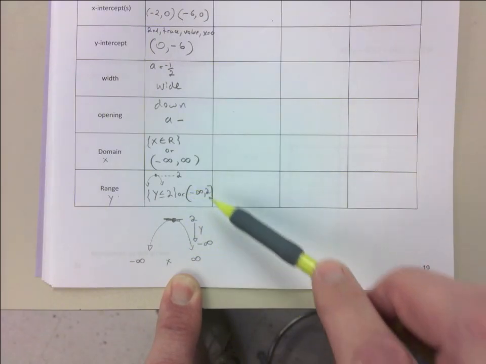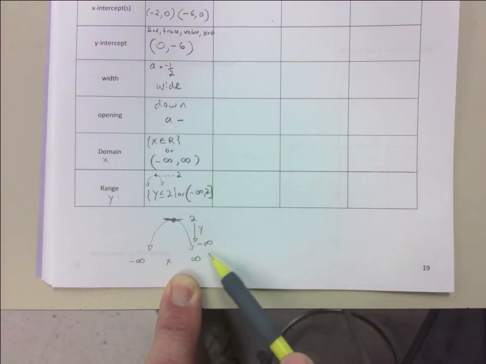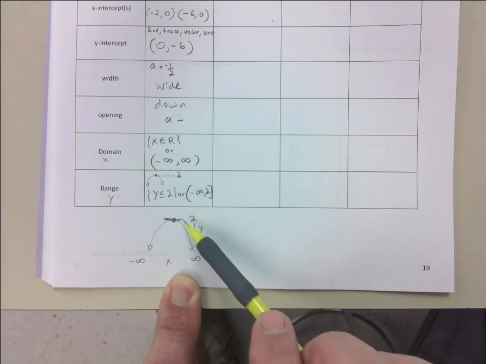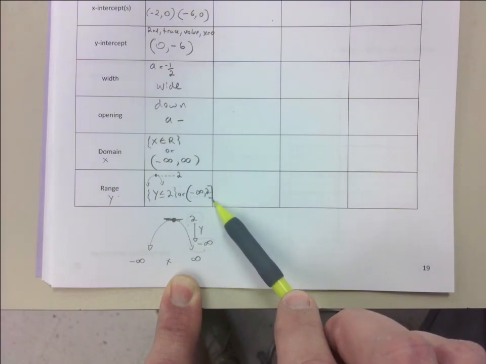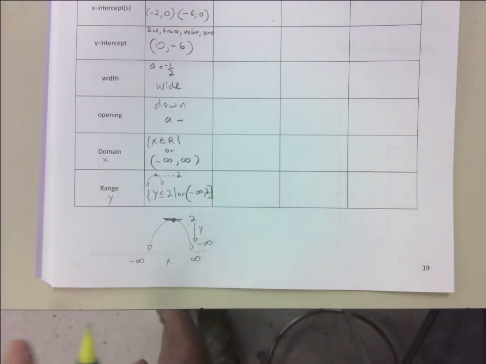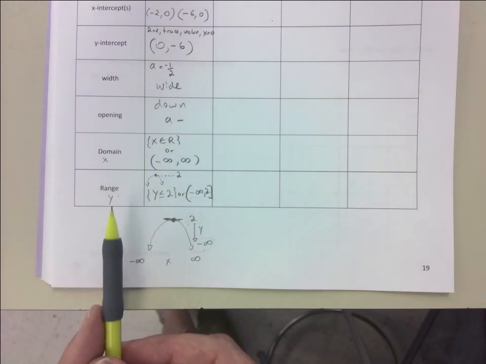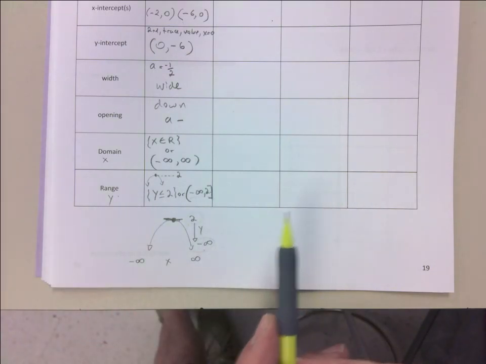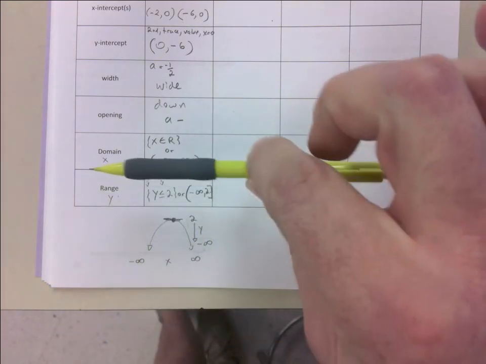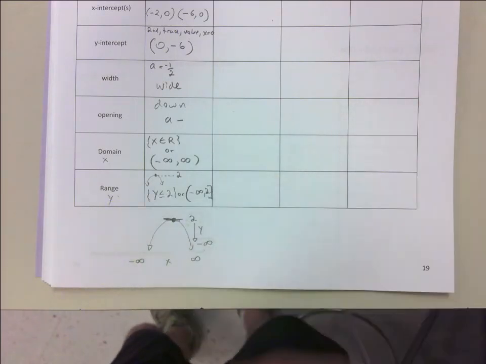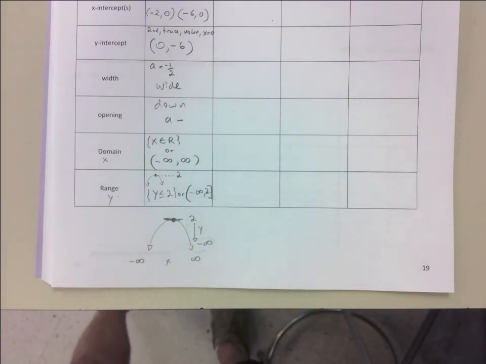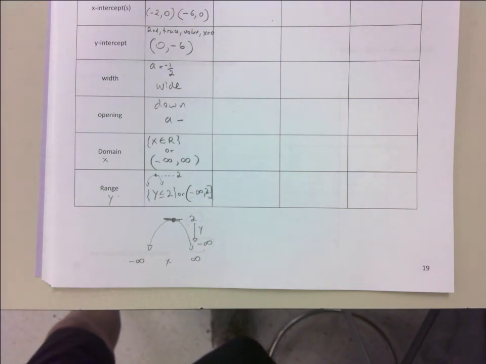So if you want to state this range, the lowest you get is negative infinity, the highest you get is 2. And your domain, guys, technically, it's like you read a book. You go from left to right. Left to right, bottom up. Okay? So you always go from your negative to your positive. Does that help? Yeah, question? I hope that helps.